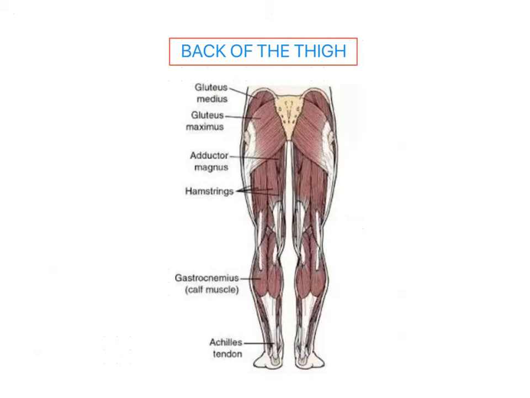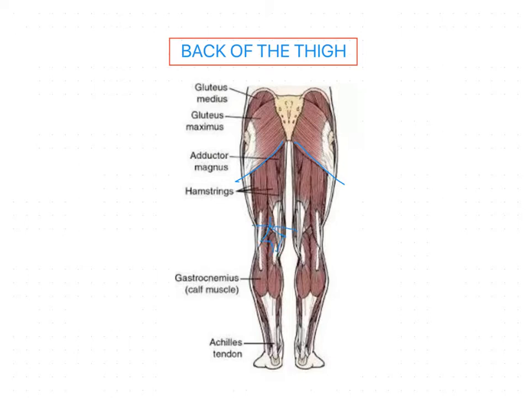Back of the thigh, or posterior thigh, is the region on the posterior aspect of the thigh which extends from the lower border of the gluteus maximus to the upper limit of the popliteal fossa. This is the popliteal fossa you can find here.